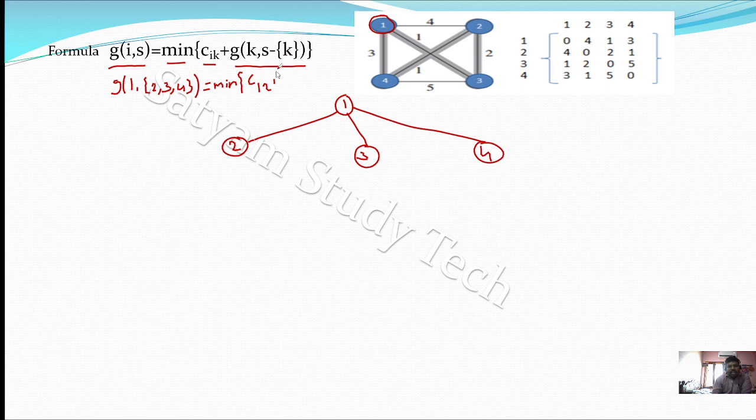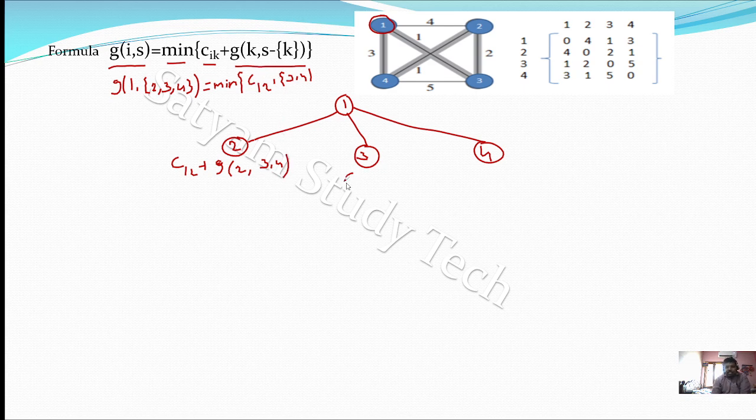Then S minus k, so you subtract 2, and the remaining vertices are 3 comma 4. Here c of i k is c of 1 2, plus g of 2, the current vertex, with remaining vertices 3 comma 4.